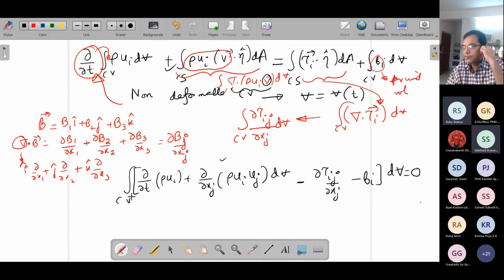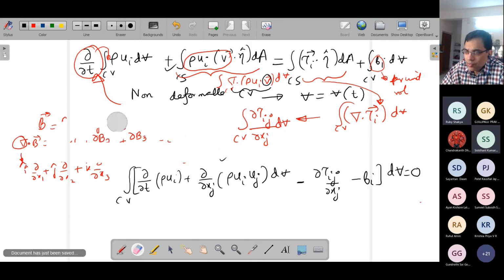So this expression, as we have seen earlier also, is a function integrated over a control volume equal to 0, and that domain of integration is absolutely arbitrary, and that can be accommodated only if the function which is integrated itself is 0.